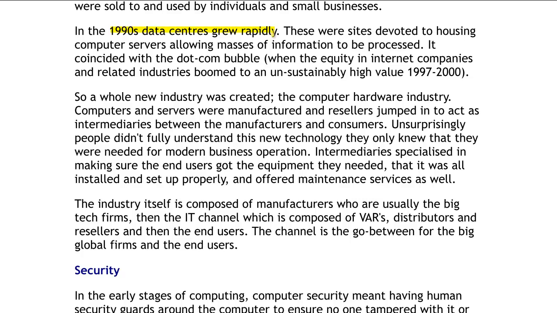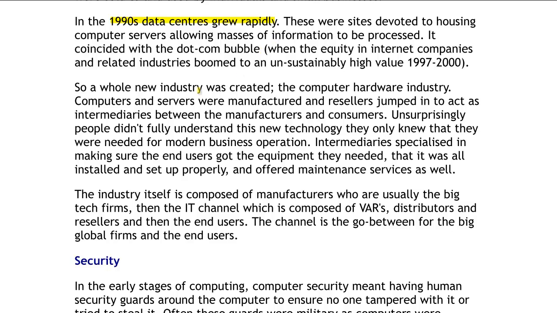However, it didn't take long for companies to realise the potential that IT and data centers had for their businesses. Because of this, it didn't take long for the whole industry to be created, or for resellers to jump in as intermediaries between these huge manufacturing companies, the companies producing all of this new technology, and the consumers. And there are a number of reasons why these retailers or intermediaries had such a booming business.